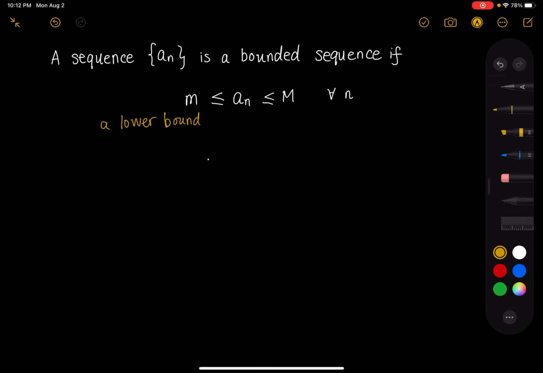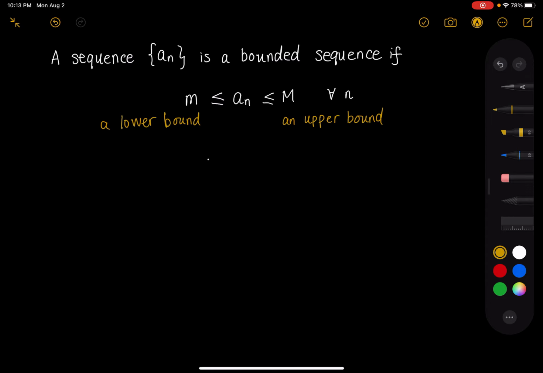A lower bound, not the lower bound, because once you find a lower bound, you can make the number smaller and get another lower bound. And capital M is an upper bound. So that is the definition of a bounded sequence.